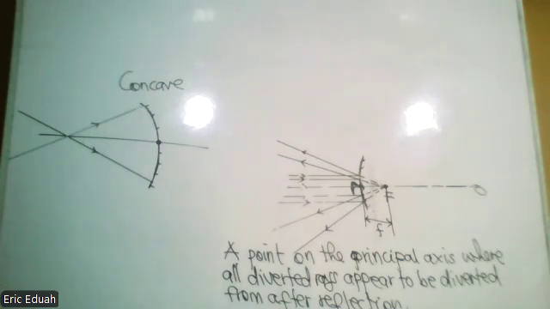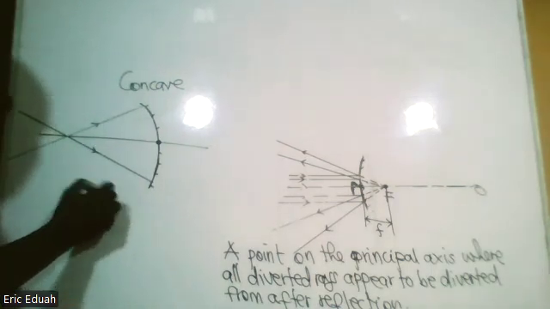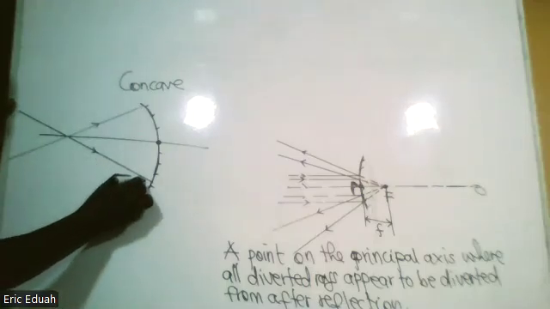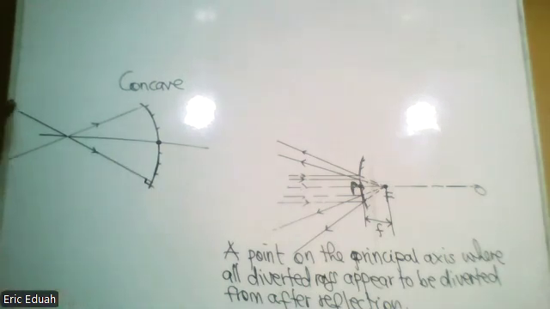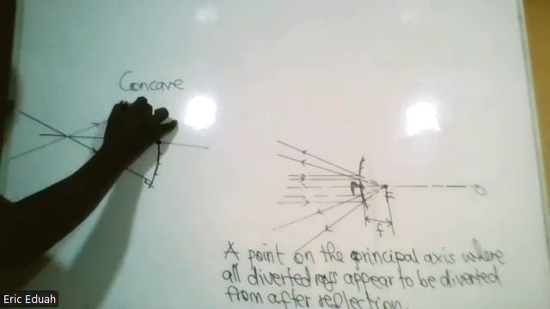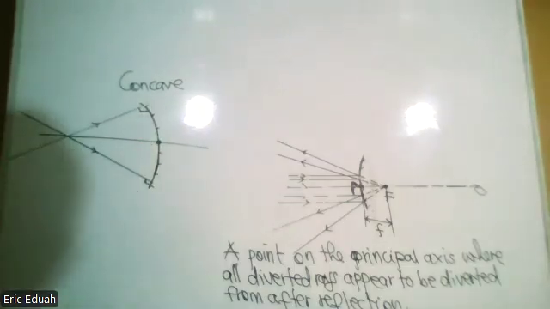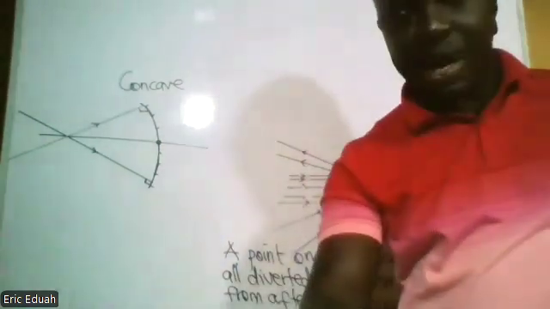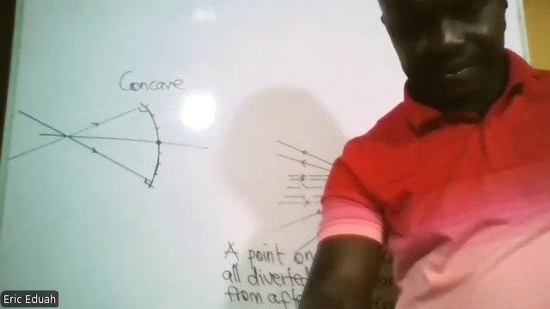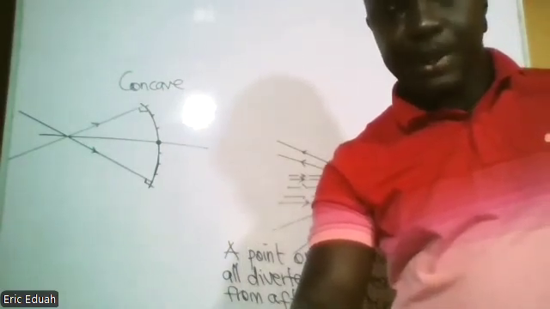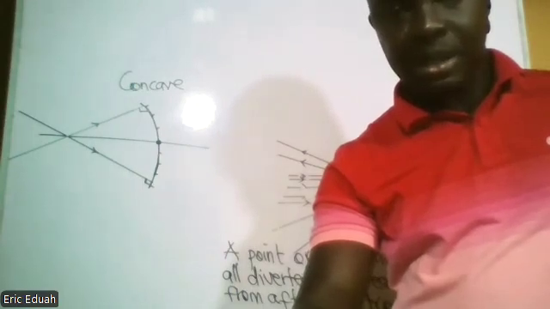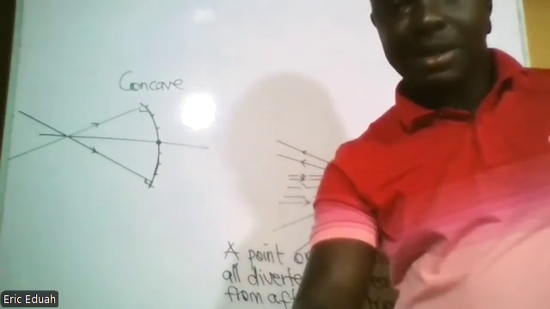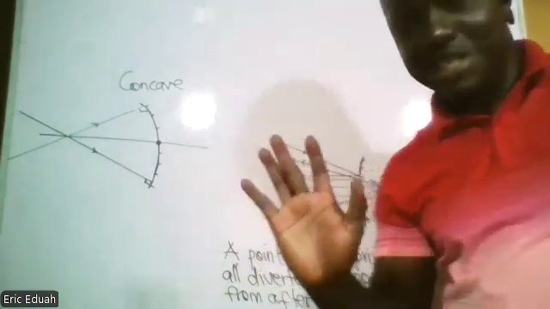Now the condition is that if the ray is incident on the mirror at an angle equal to 90, normally, no matter where the rays are coming from, something special will happen.